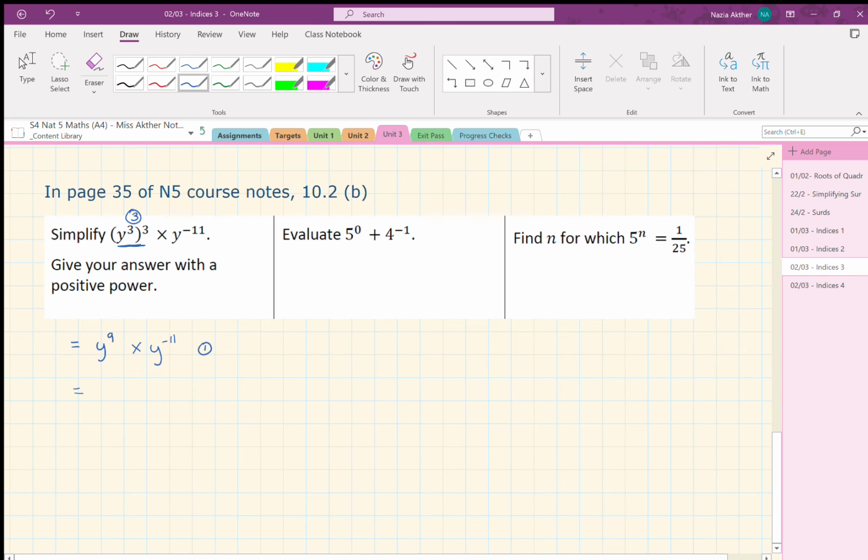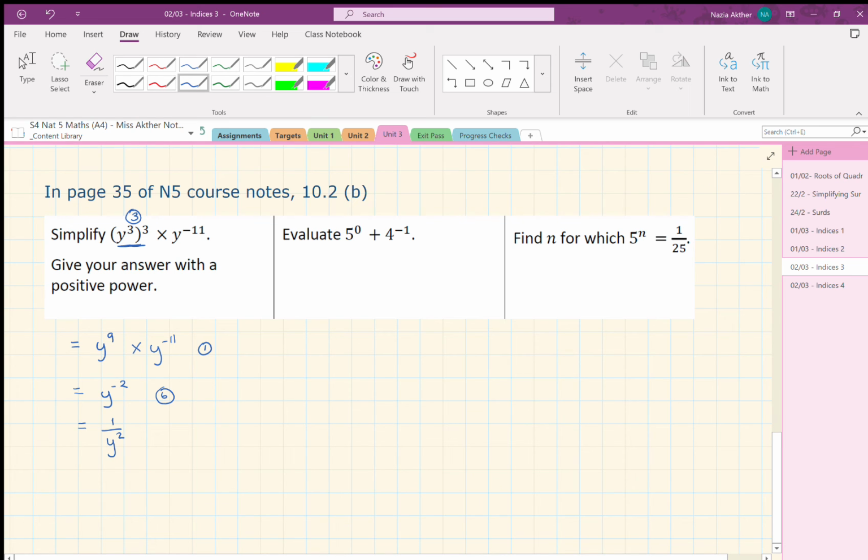Because we're multiplying expressions, we add the powers. So we're doing 9 plus negative 11, which becomes 9 take away 11. 9 take away 11 is negative 2, so then we've got y to the power of negative 2. Now we need to give our answer with a positive power, so using rule number 6, that becomes 1 over y squared.